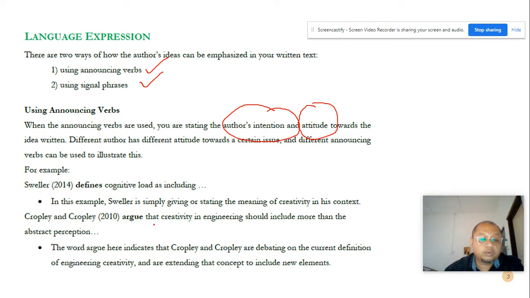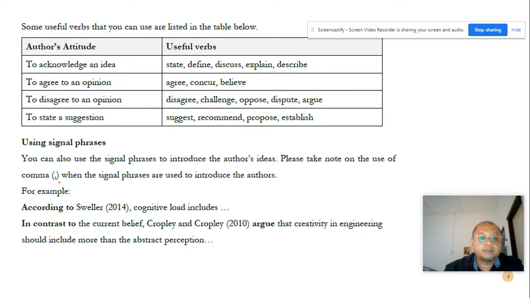So the word argue here indicates that Cropley and Cropley are debating on the current definition of engineering creativity and are extending that concept to include new elements. So the verb argue here shows the perception of Cropley and Cropley, whereby the verb defines here refers to the definition of Sweller. So this is about using announcing verbs.